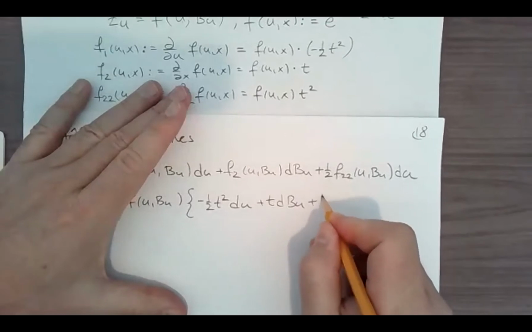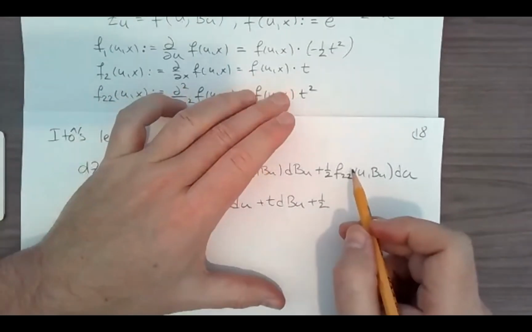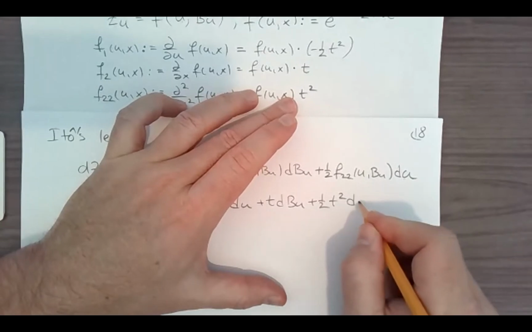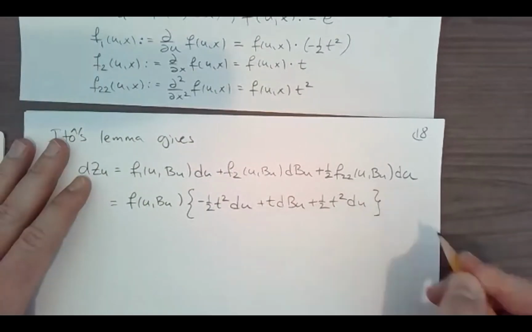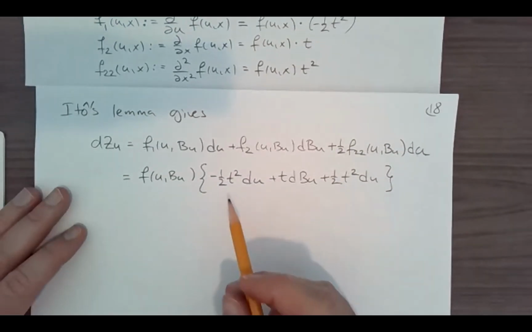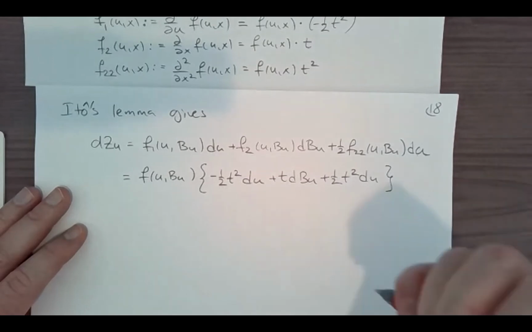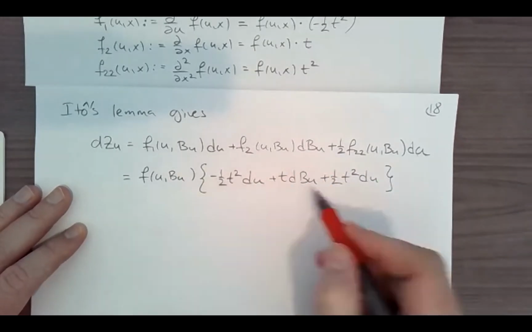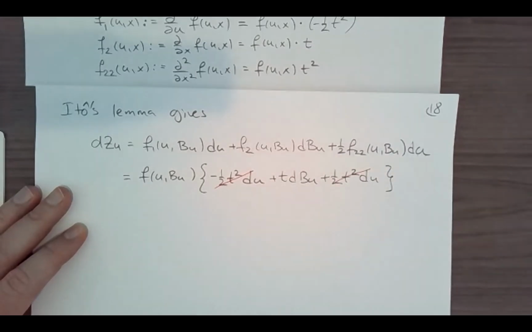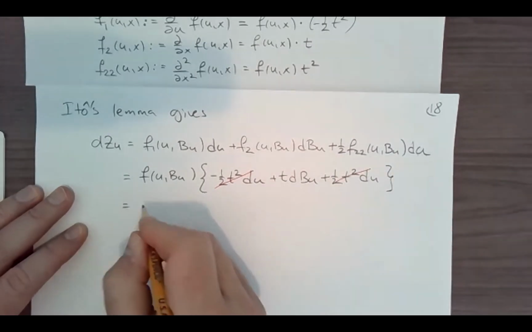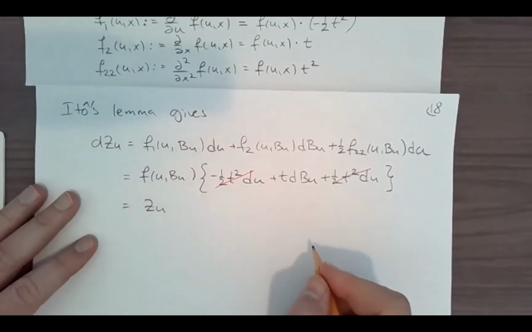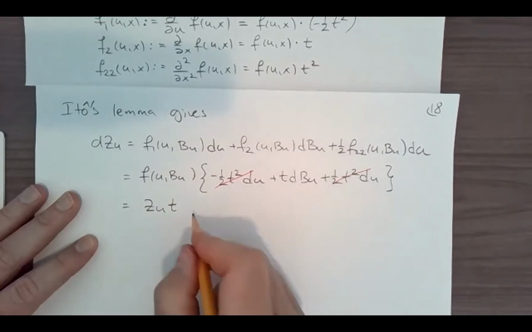And the third one is 1/2, and then the double derivative, that's going to be t squared, and then du. And now we can see what happens is that two of the terms cancel. There's a minus 1/2 t squared here, and there's a plus 1/2 t squared here. So these two terms cancel, and you'll be left with, well, first of all, this was my z. This was z_u t db_u.